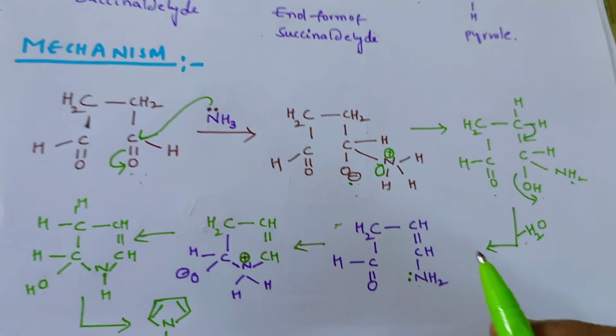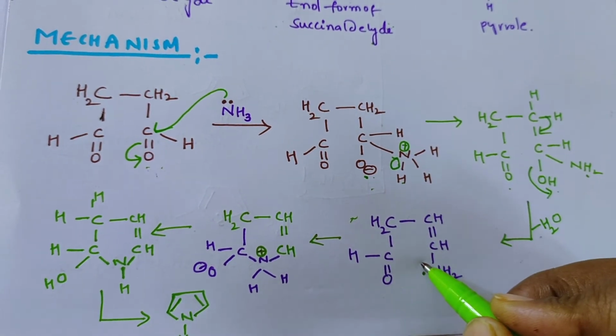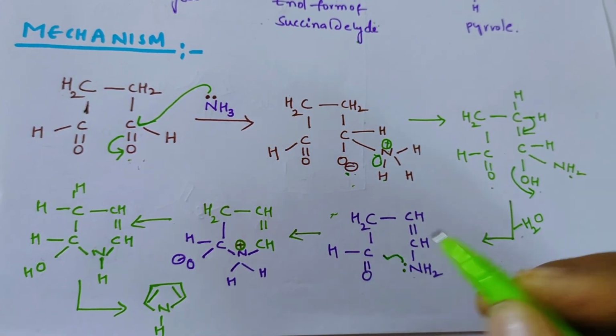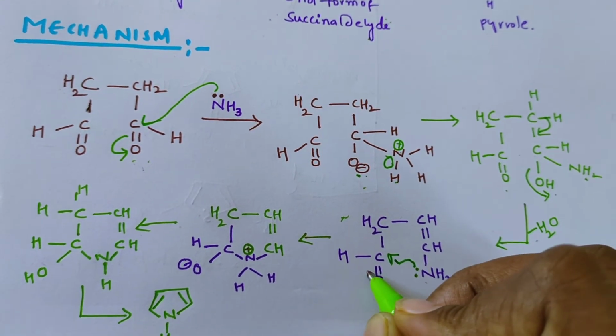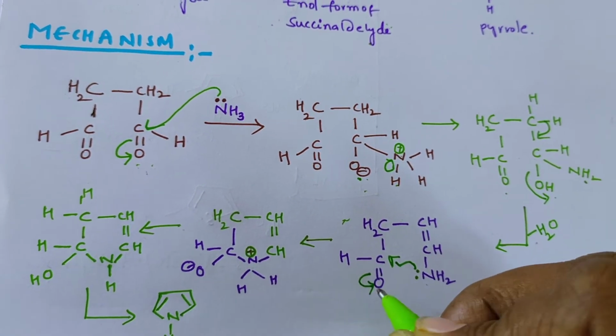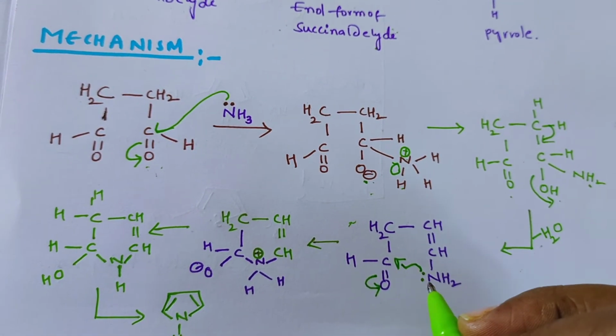In the next step, this nitrogen lone pair of electrons attacks here and this bond is shifted towards the oxygen. Here a bond is formed between the carbon and nitrogen.